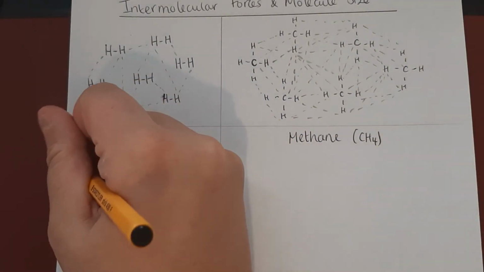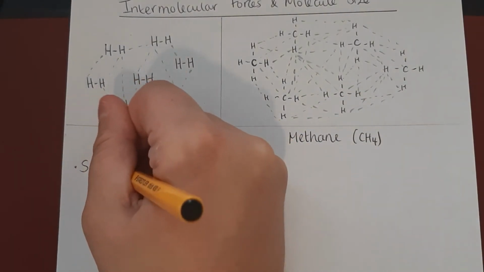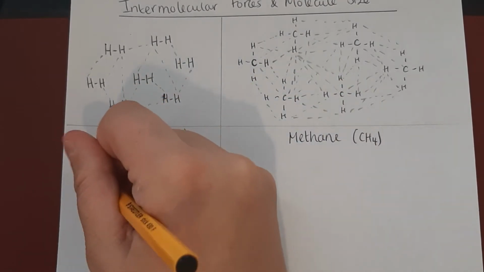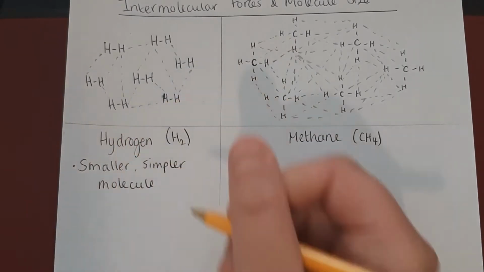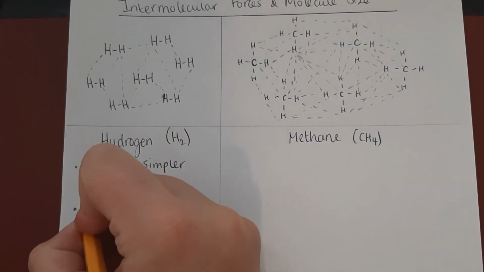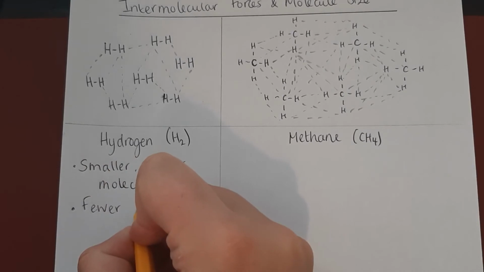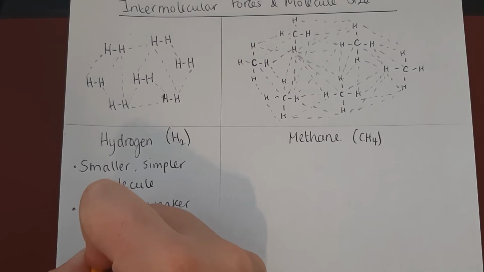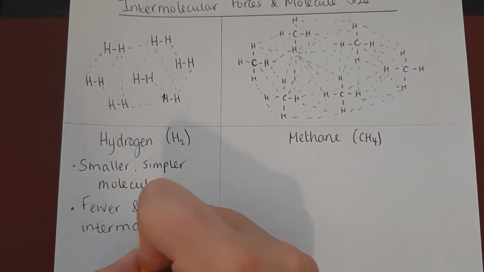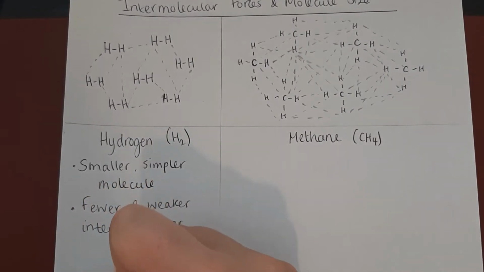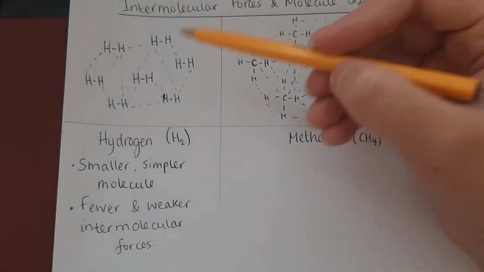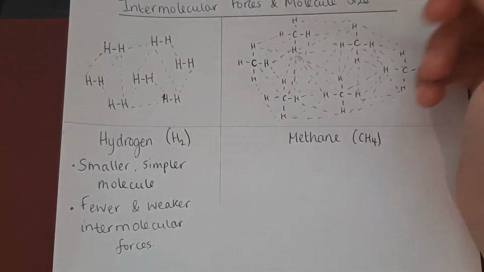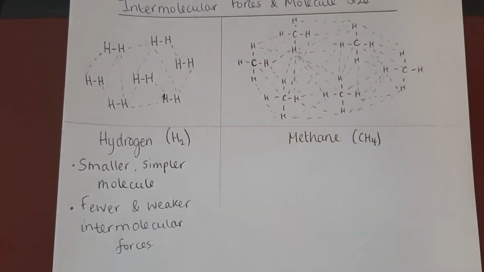So hydrogen is a smaller, simpler molecule, and it has fewer and weaker intermolecular forces. That's because each individual molecule is attached to the other neighbouring molecules with fewer of these intermolecular forces.